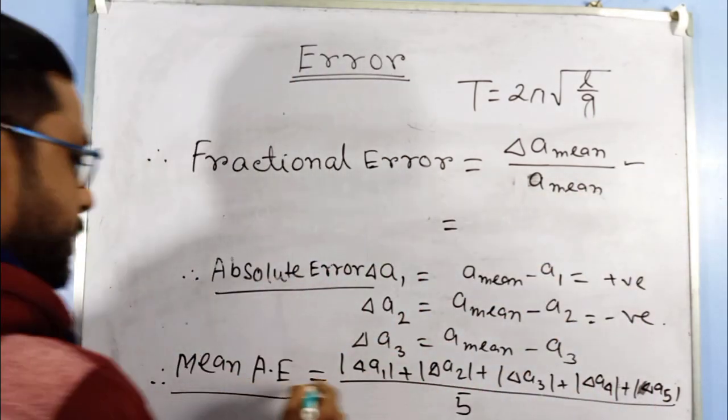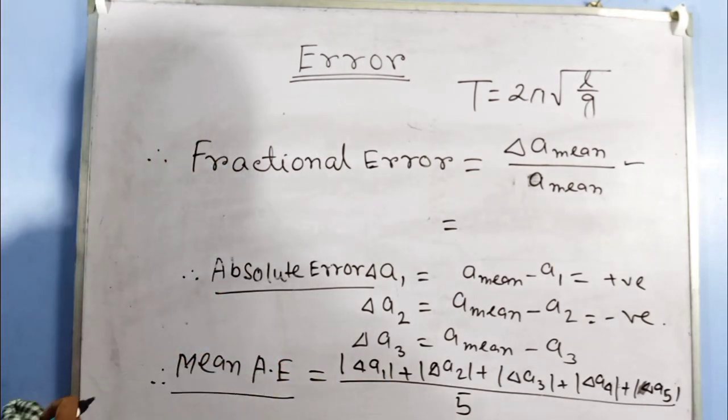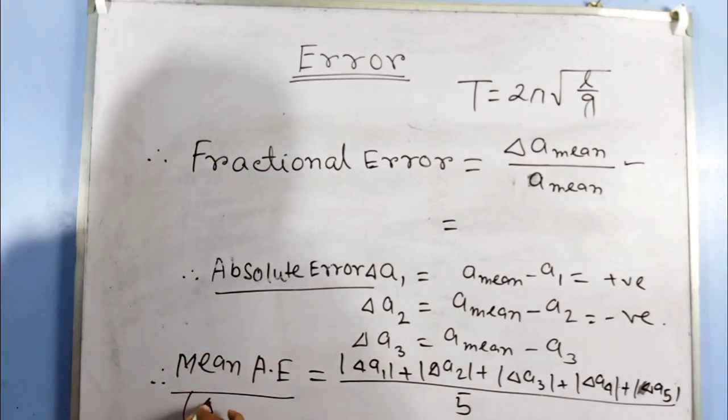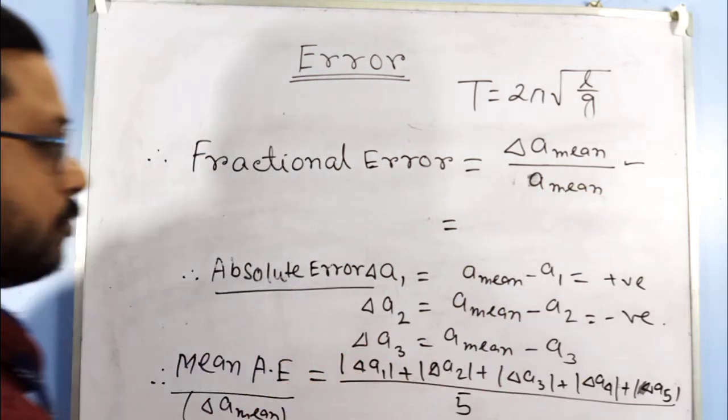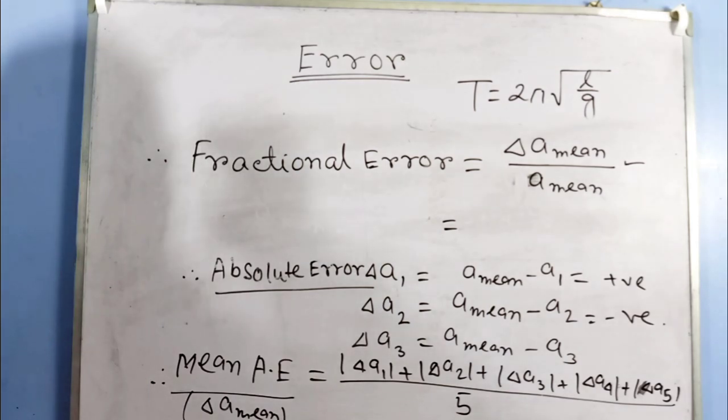Here delta A mean is the mean absolute error, and A mean is A1 plus A2 plus A3 plus A4 plus A5 divided by 5.